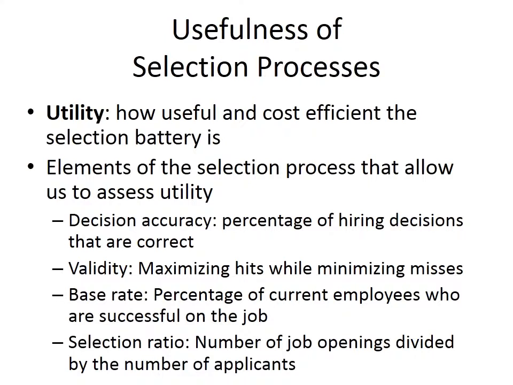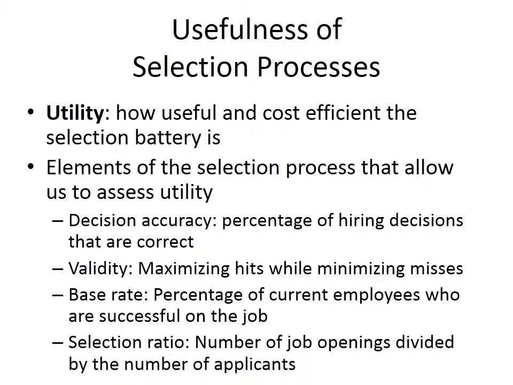And that brings us to the idea that decision theory primarily is focused on the usefulness of the selection process in the broader aspects. So this is bringing us back out of statistics to what we talked about at the very start of the class, that open systems approach. So when we talk about utility in selection and utility in decision making, we're really talking about trying to quantify how useful and cost-effective a selection battery is, or any decision making in an organization.